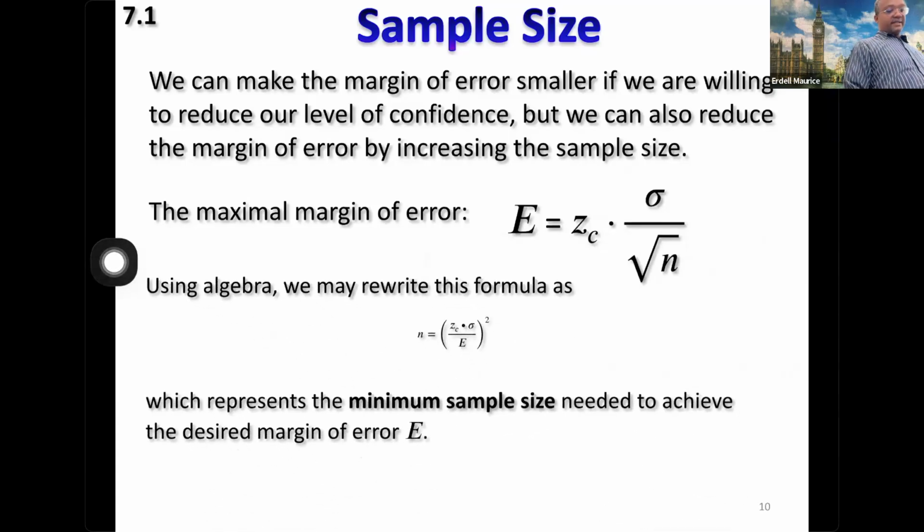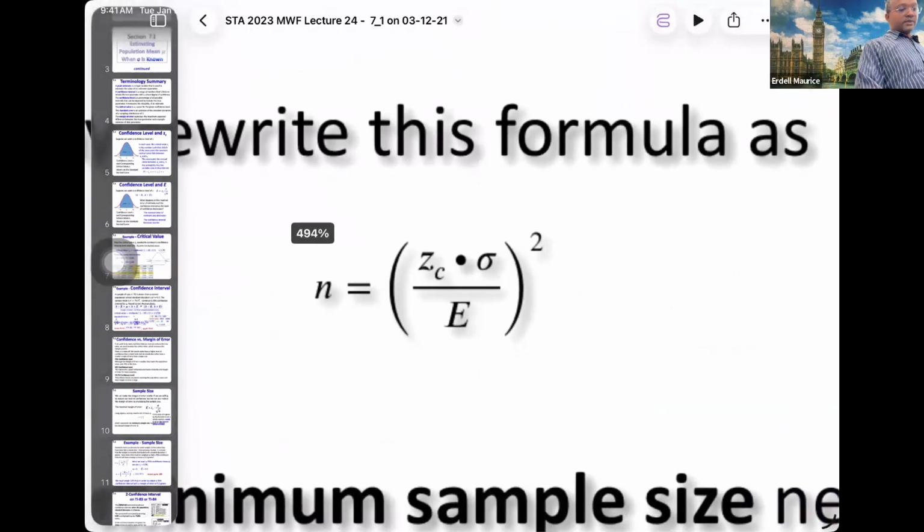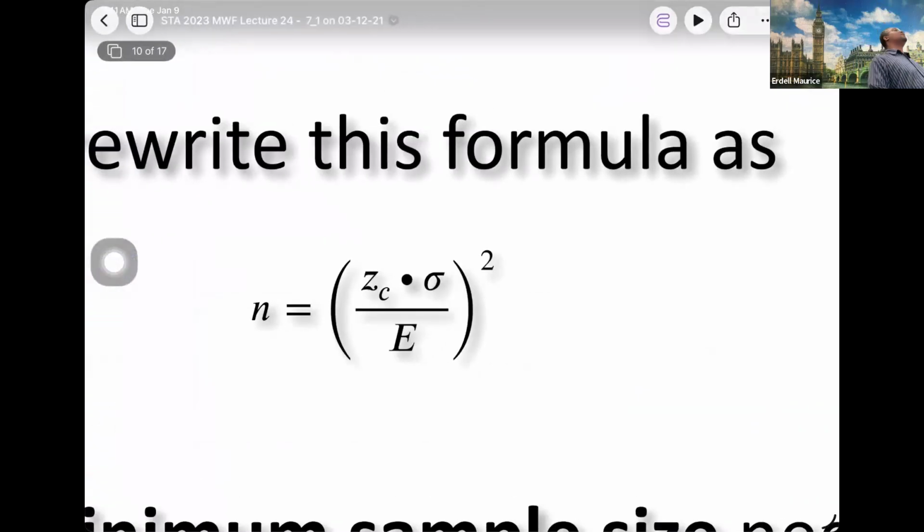Okay, and that gives us this interesting formula right here. Let me zoom in for us. If we want to hit a target size in terms of our error, we can calculate the sample size that we need using this formula. So let's say I want my error to be 3 points. Let's say I'm trying to figure out how much students are willing to pay on average for a t-shirt, and I only want my error to be 3 points.